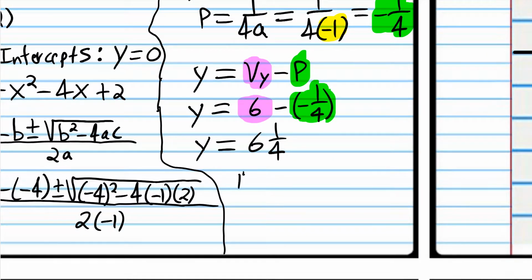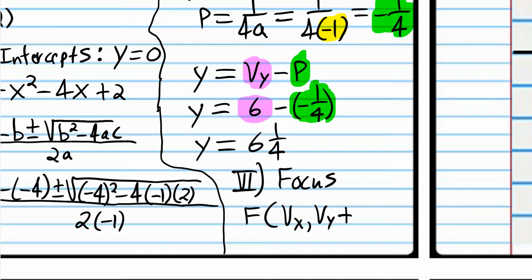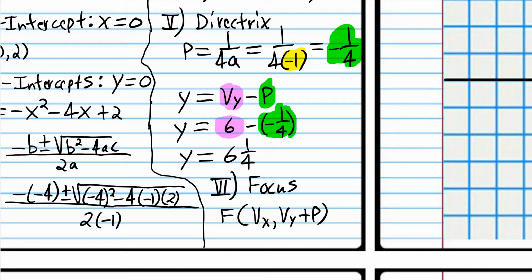Okay, so last step, we're going to find the focus. The x value of the focus is the x value of the vertex, and the y value of the focus is the y value of the vertex plus p. I probably don't need to color this right now, but you get the point.